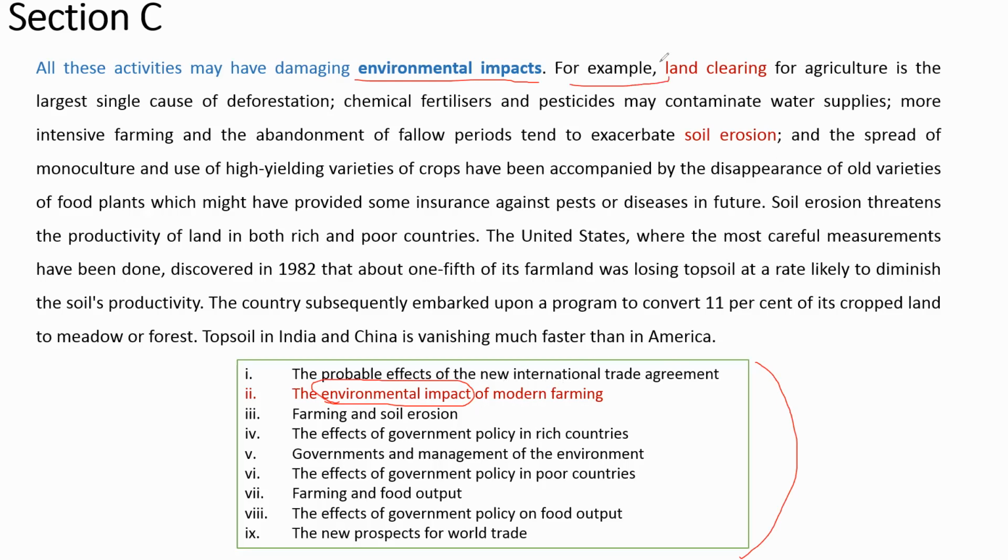Then we are giving some examples such as land clearing, soil erosion, the natural consequences or the impacts on the environment, or as a result of damaging the environment.